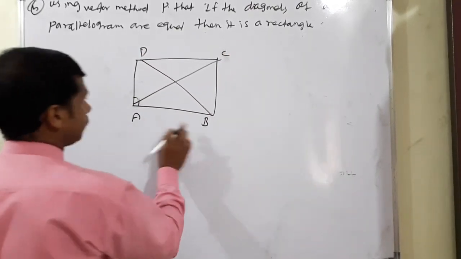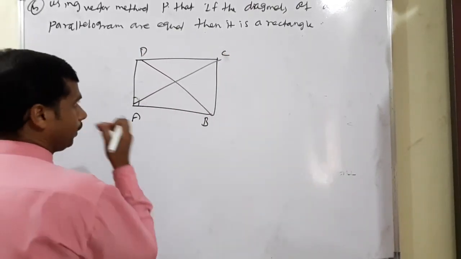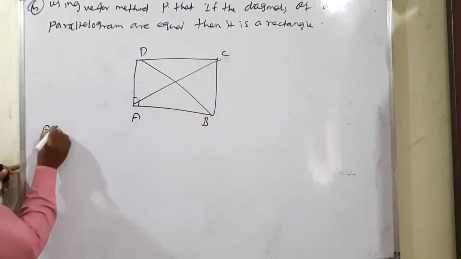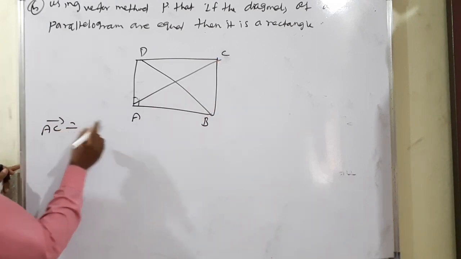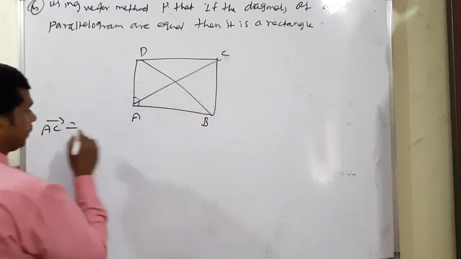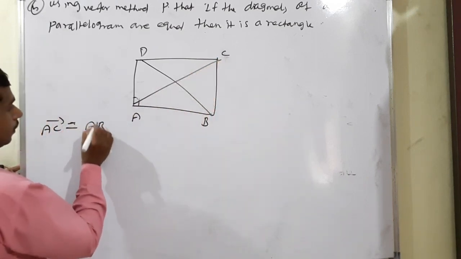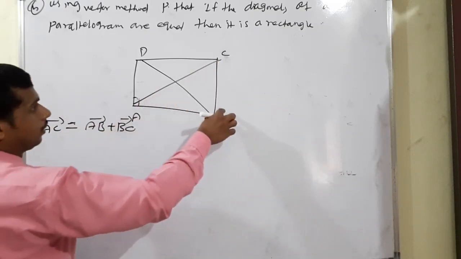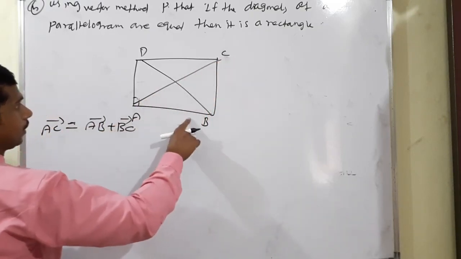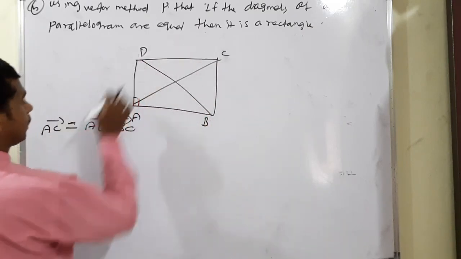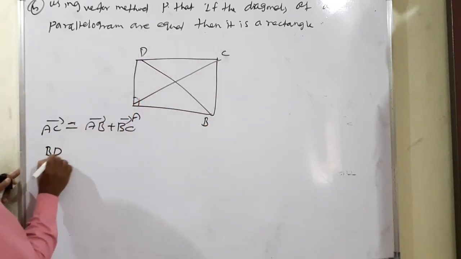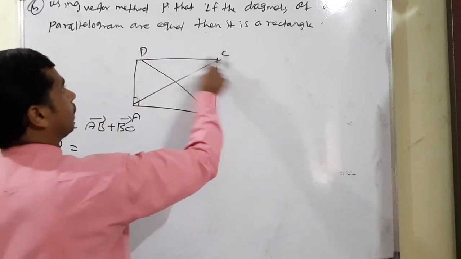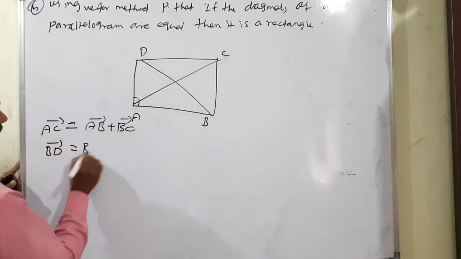So look at there, AB. Parallelogram condition means first we have to show AC vector is equal to, AC vector means how to find out, AB vector plus BC vector. Then BC, AB is clear, AC is clear. Now BD vector is equal to BC vector plus CD vector, isn't it?